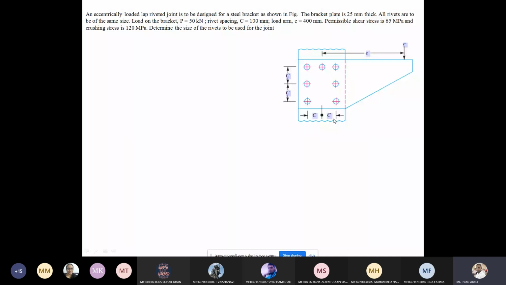So this is the problem given in the question. An eccentrically loaded lap riveted joint is to be designed for a bracket as shown in the figure. The plate has 25 mm thickness.